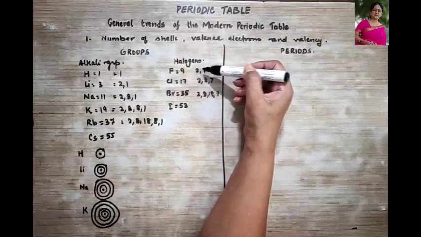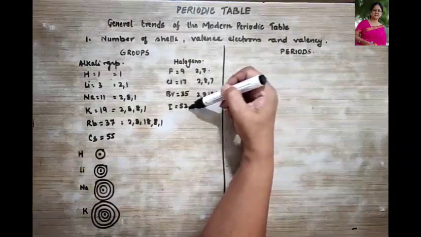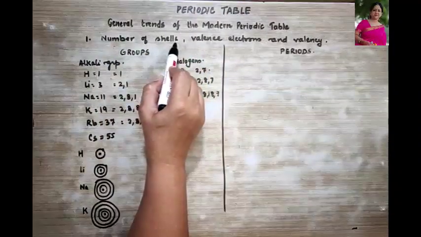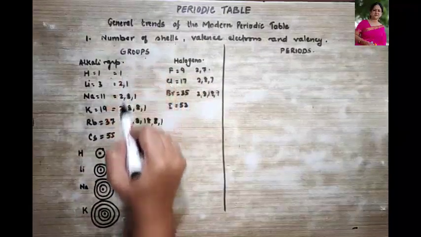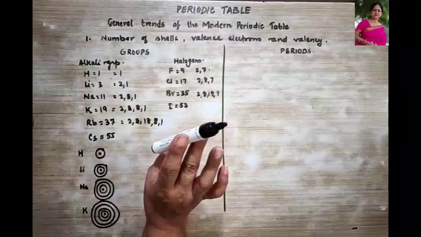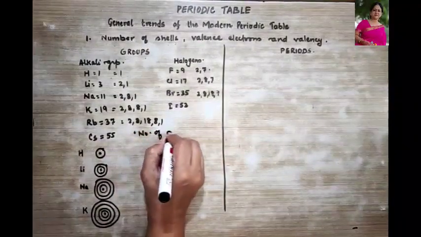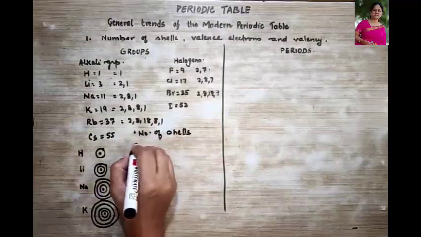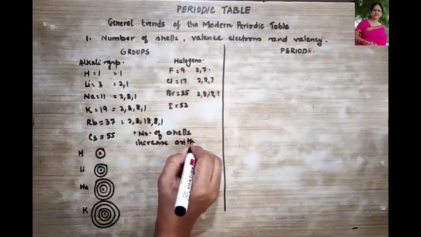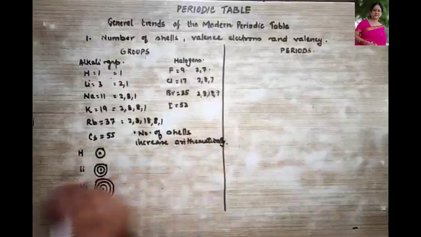So we see 2 shells, then 3, then 4, then 5 and so on. What did we study about the number of shells? In a group, as we go down, the number of shells increases arithmetically. This is one point we have learnt.